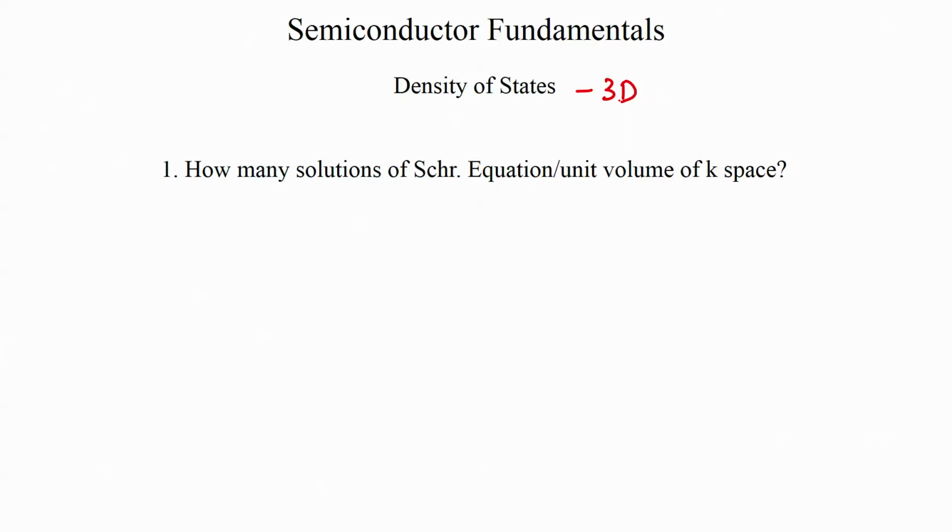The first question is, how many solutions of Schrodinger's equation, that is, how many states, are there per unit volume in K space. What is K space? K is the wave vector, and K space is essentially your reciprocal lattice space.